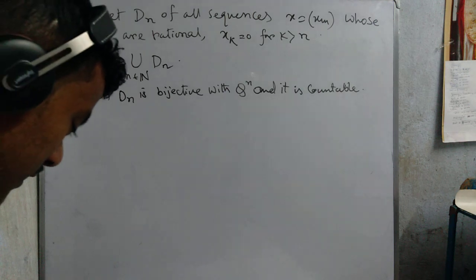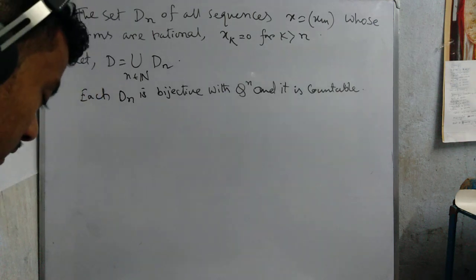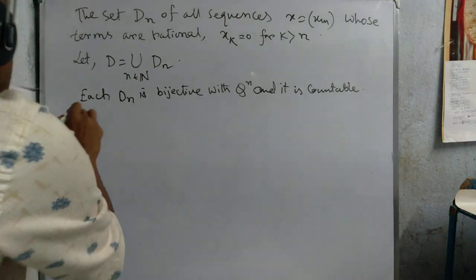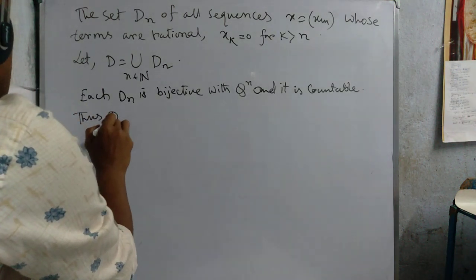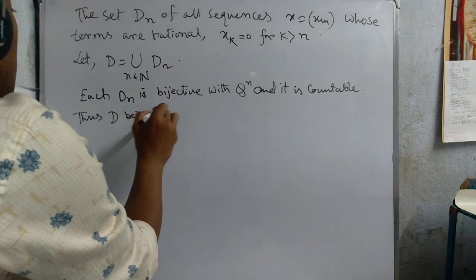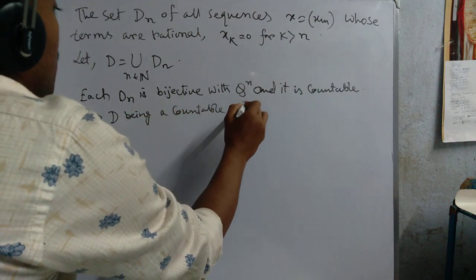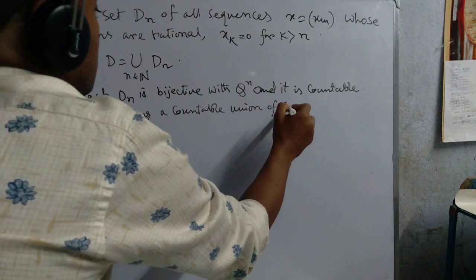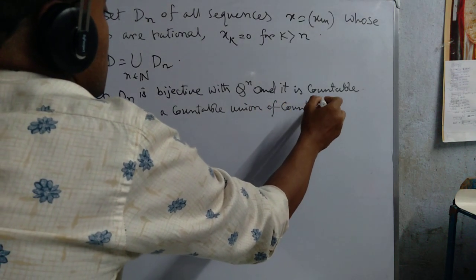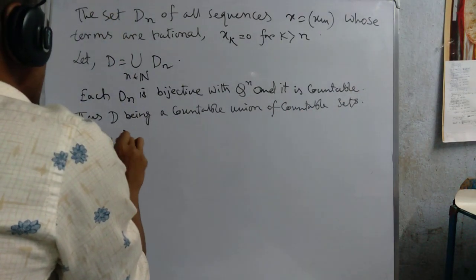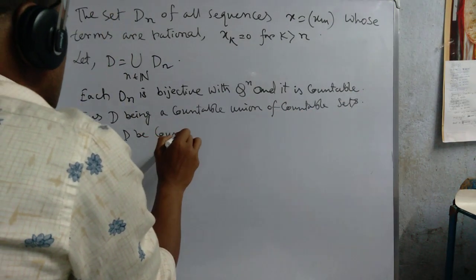Then thus D, being a countable union of countable sets, is countable.